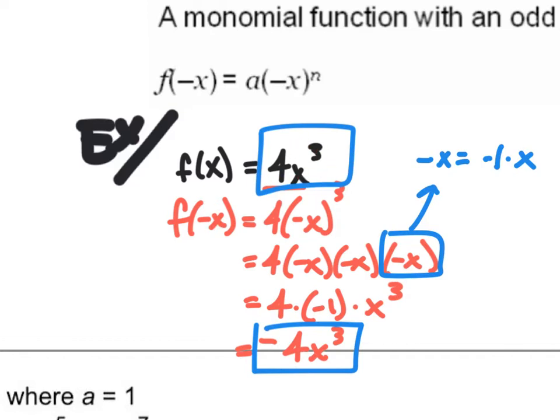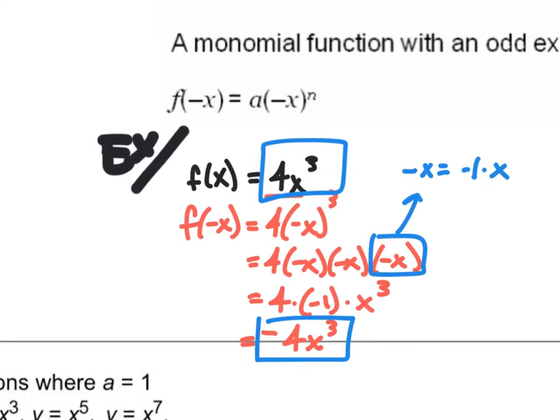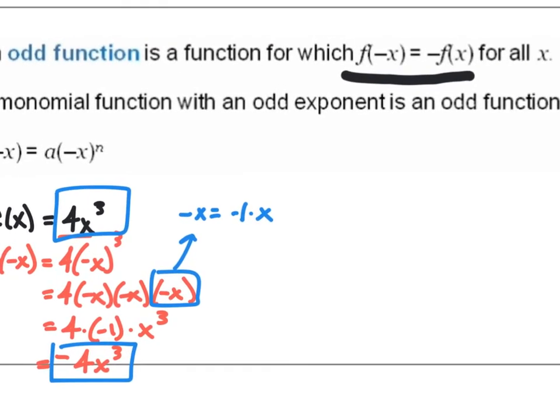After you plugged in negative x, it made the entire function negative. That's what this means up here. If you have that function, you plug in negative x, then you make the entire function negative. That's what that notation means, negative f of x.